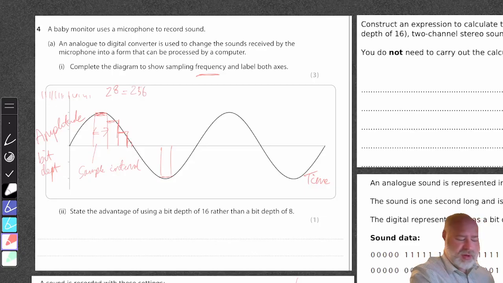But if you do 2 to the power of 16, it's going to be magnitudes more. The difference is pretty measurable.